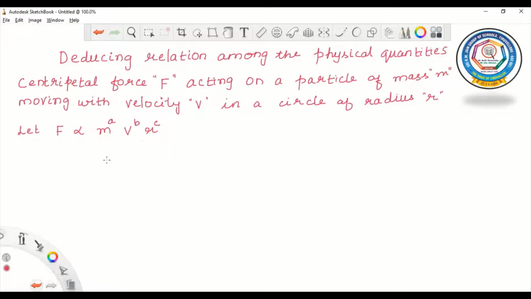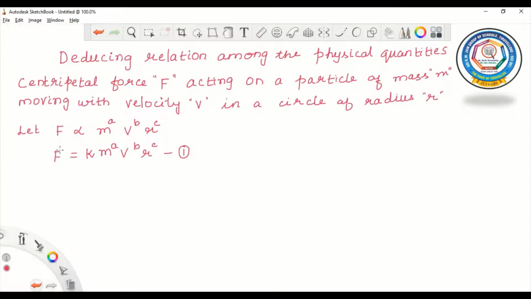We can also write F is equal to k m power a, v power b and r power c, where k is a dimensionless constant. This proportionality will be removed by the constant k. And we are going to write the dimensions of various quantities in this equation. So let us consider this is our equation 1.